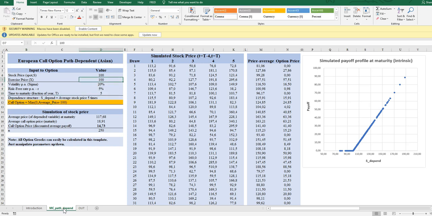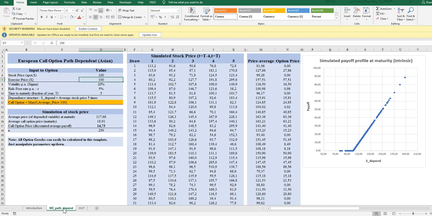100. In order to simulate the stock price at all dates 1, 2, 3, 4, 5, remember I cannot only simulate on maturity date as we normally can with a European option without path dependency.